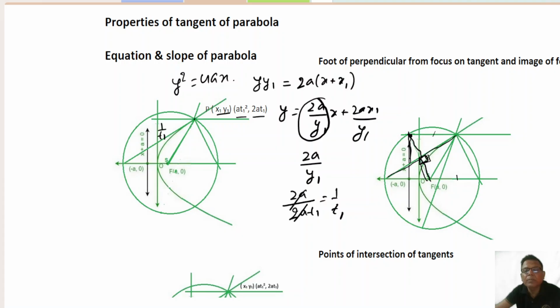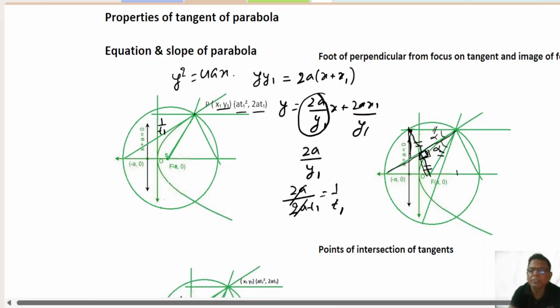So by properties of parabola, we know this one is equal to this one. This one is also equal. So this angle alpha will be equal to this angle alpha, and this image will be like this.